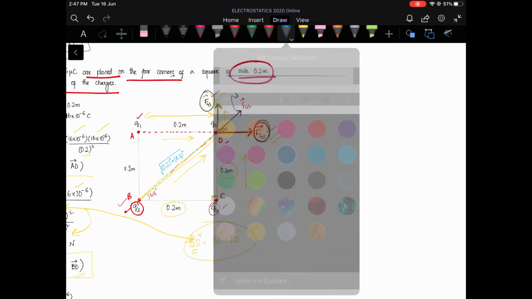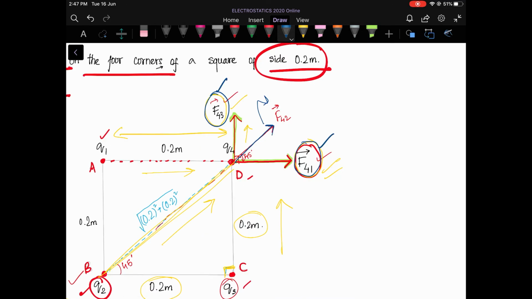So I'll repeat again. F43 and F41 are equal in magnitude. They are acting at 90 degrees, because of which the resultant of these two will be exactly the bisector of both of them. And that bisector is found to be in the same direction as your force F42. So this is the resultant of your F41 and F43.